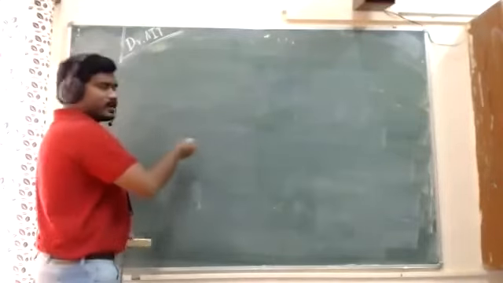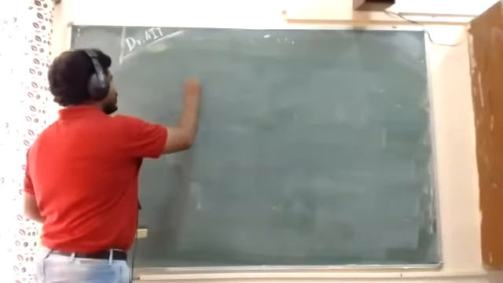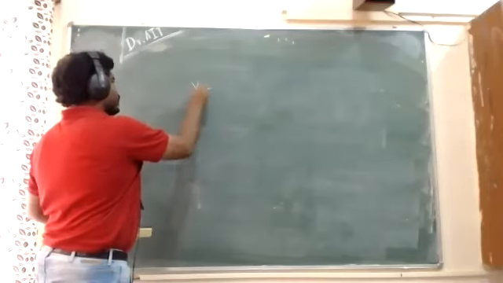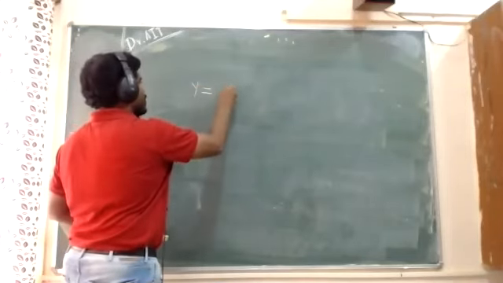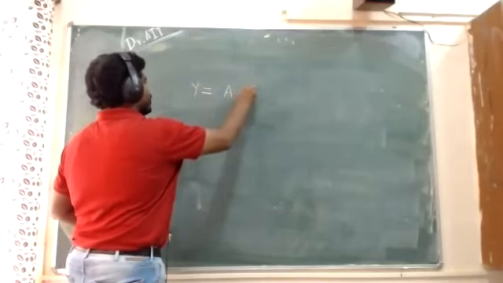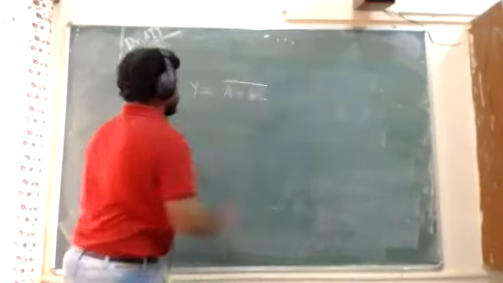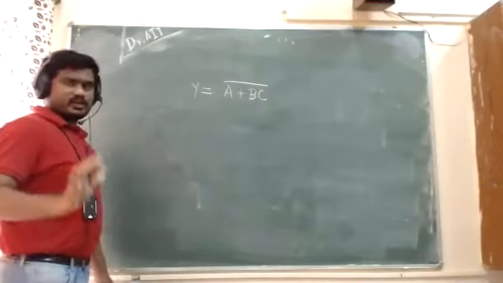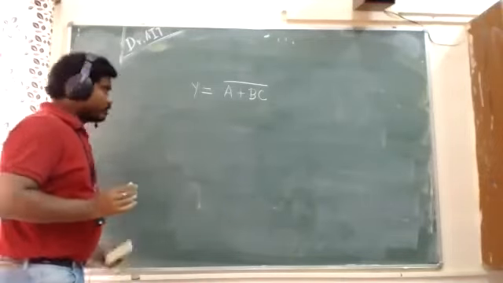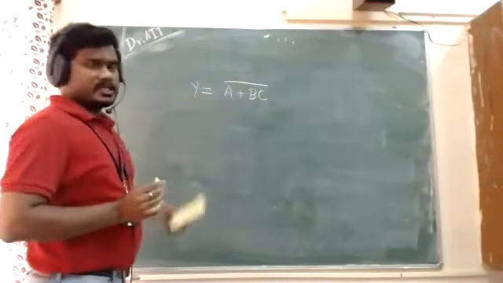Okay, let me take a random expression, according to your syllabus. Now Y is equal to A plus BC.